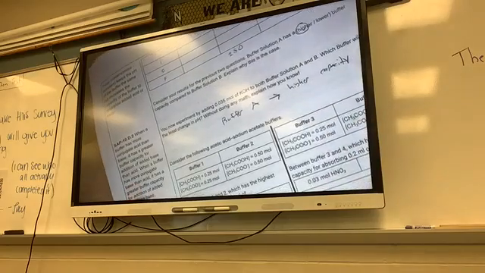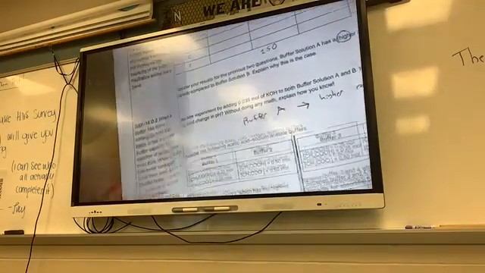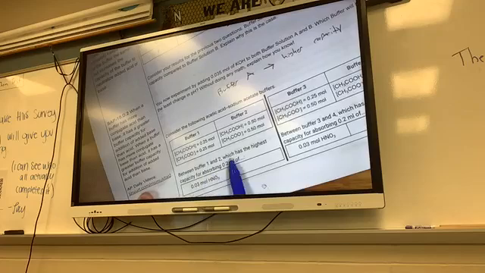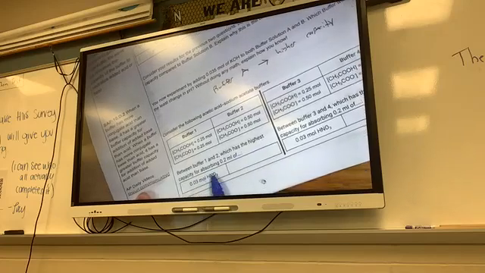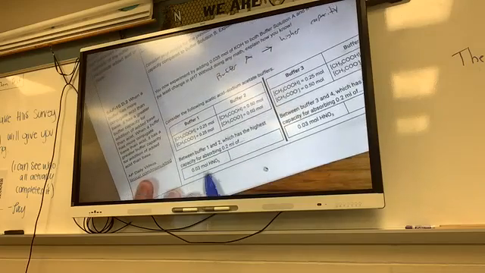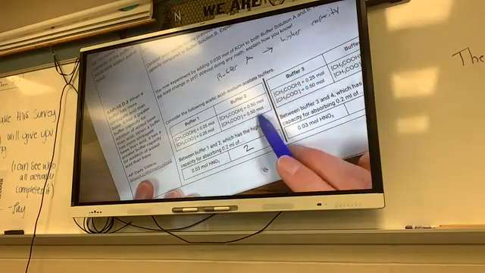Has a higher capacity. This is it. Here's buffer 1, here's buffer 2. Between buffer 1 and buffer 2, which has the highest capacity for absorbing 0.2 milliliters of 0.03 moles HNO3? How do you know? More moles.